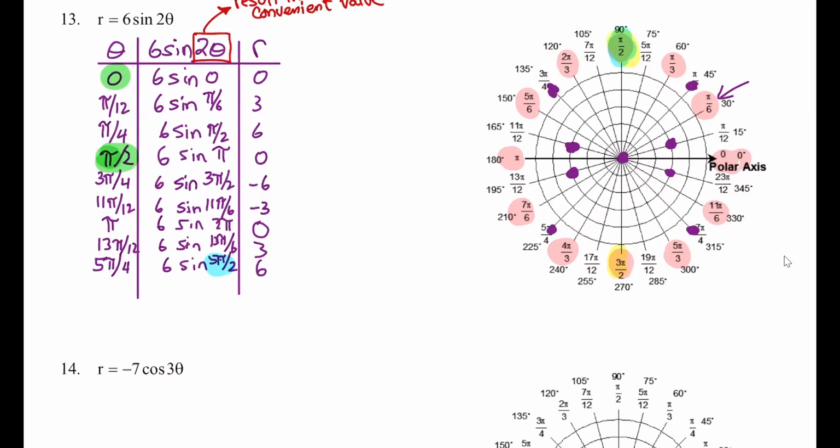If I'm starting at the pole, you do need some kind of prior knowledge. You're looking at something like that. Now, you wouldn't necessarily know that there's another point over here unless you did a calculation.